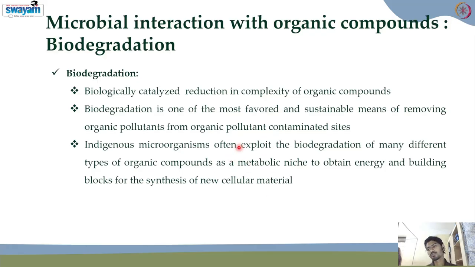That is, the microorganisms first consume these organic compounds and oxidize them to get energy out of it. Along with that, they also synthesize new cellular material, that is, they also produce biomass. So that is why biodegradation is a more favored option for treating environmental pollutants.